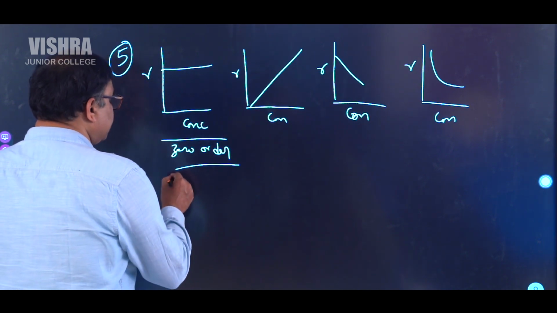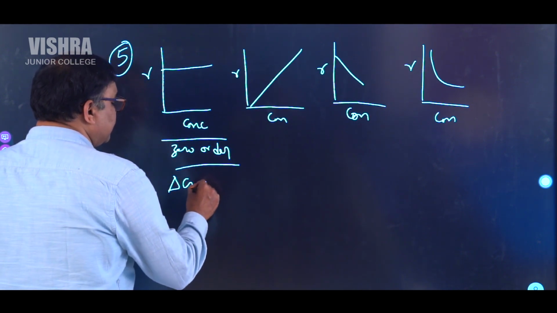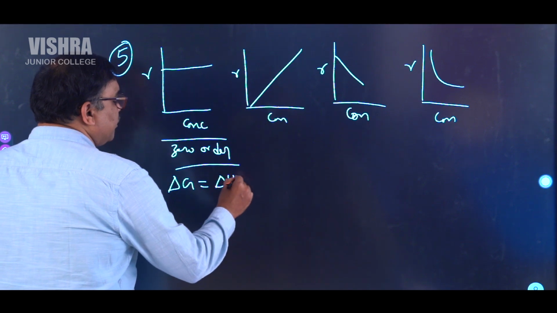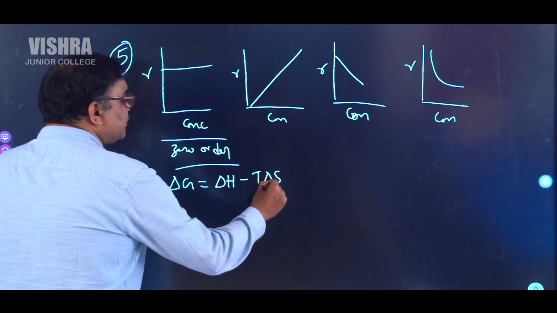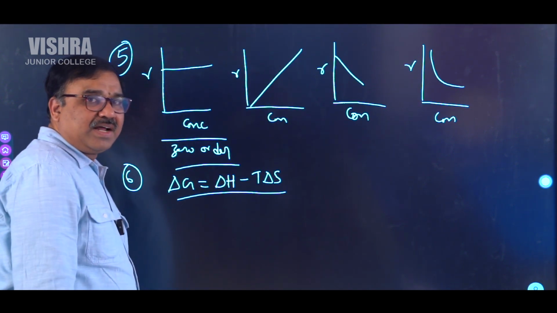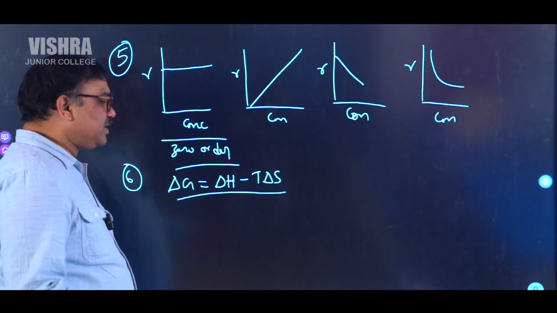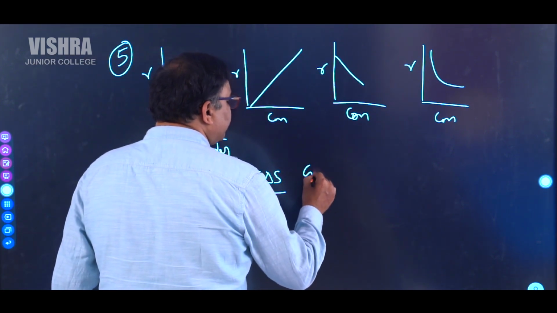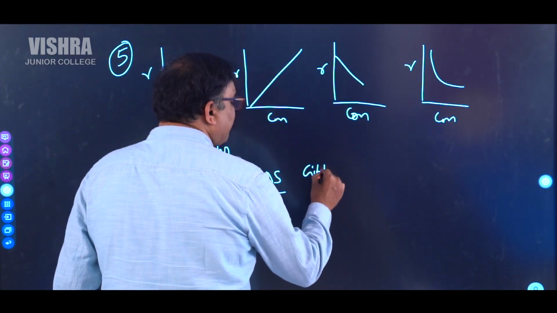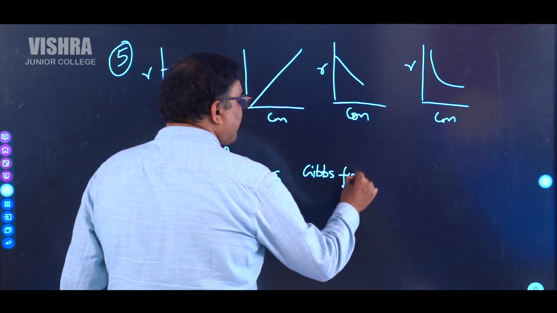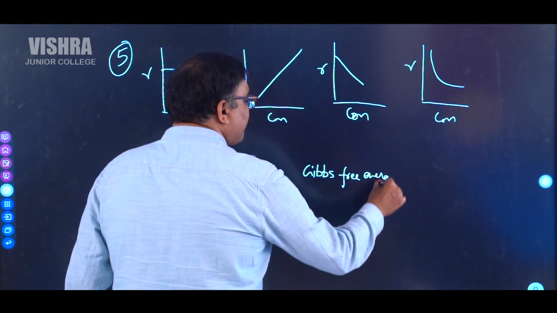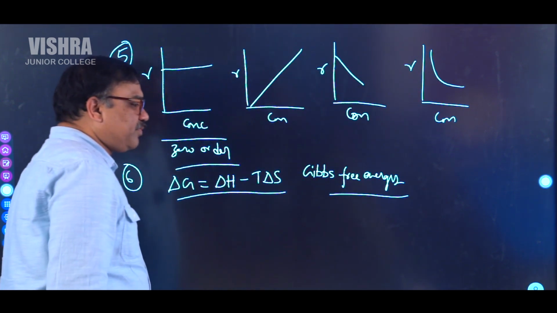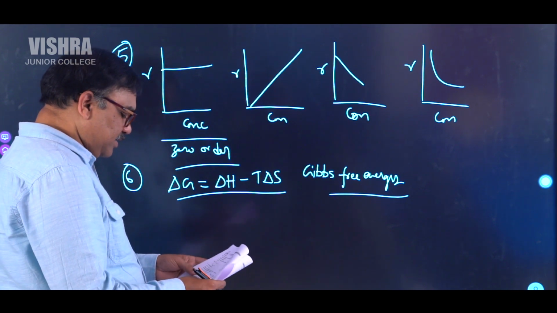In question number 6, delta G is equal to delta H minus T delta S. This one is Gibbs free energy. How can we understand this?